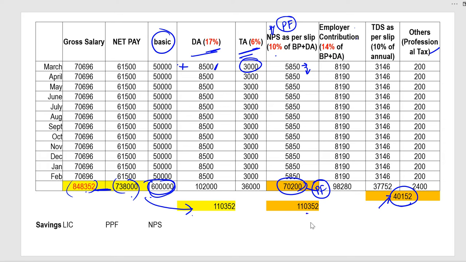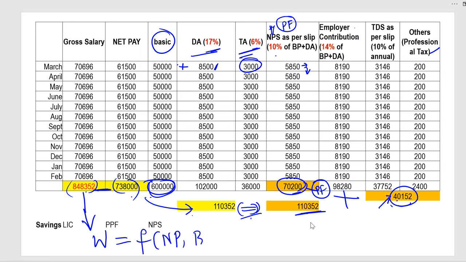So if you take the summation of these two quantities, you will get this value. So this will actually match. So what happens here? If you call this a function W, which is a function of net pay, NP, then this is the basic salary, you can say BP, basic pay.